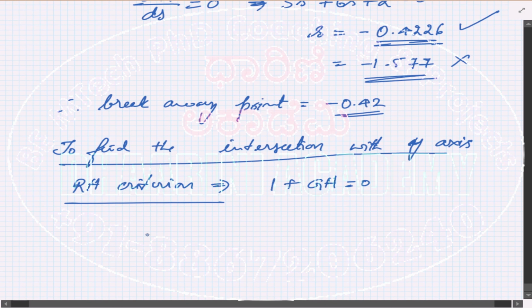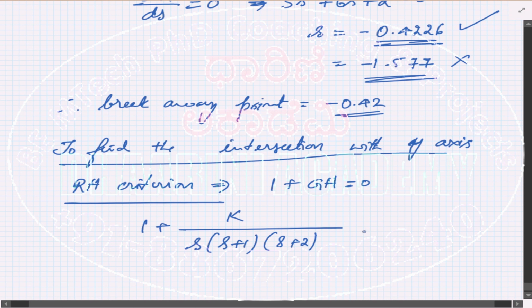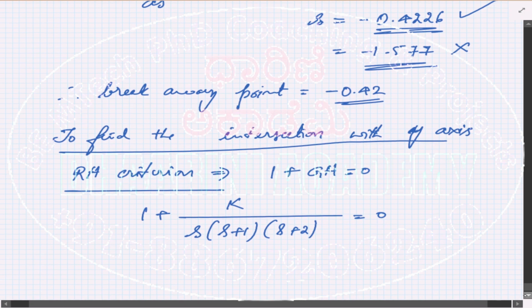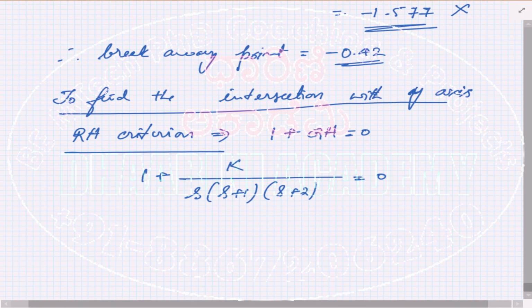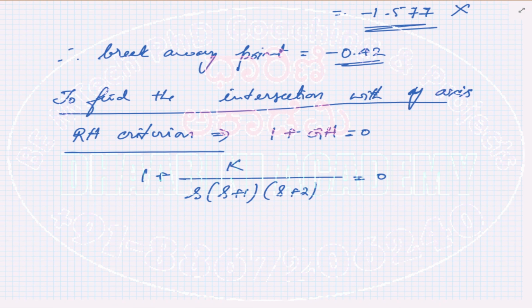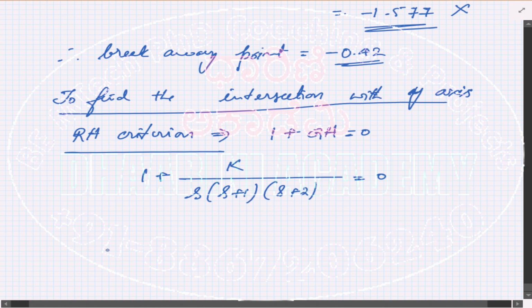When I say 1 plus GH equal to 0, this is 1 plus k over s into (s plus 1) into (s plus 2) equals 0. What is this equation? Can you simplify? I think we get an s cube now.